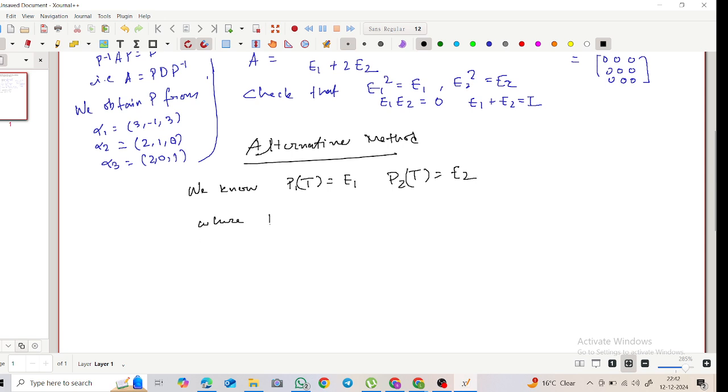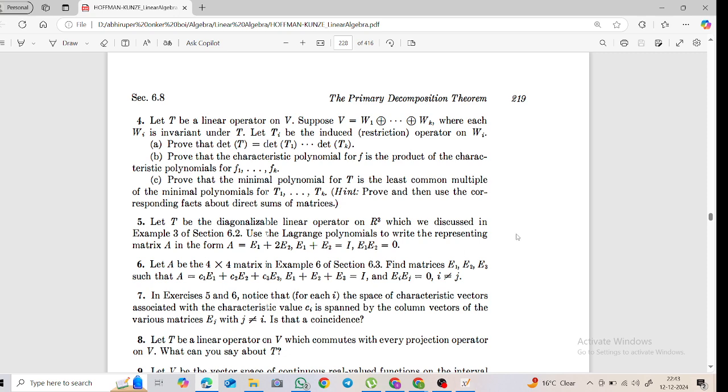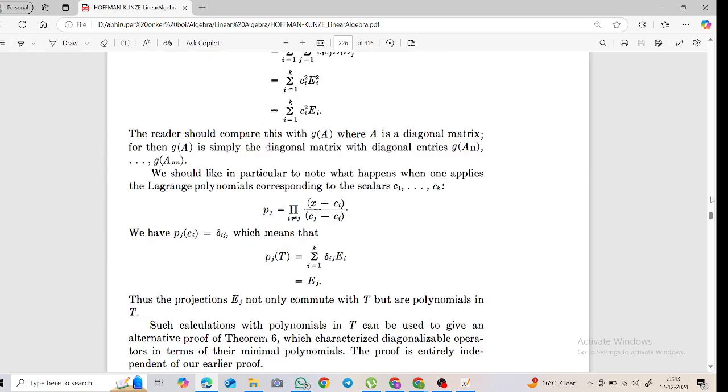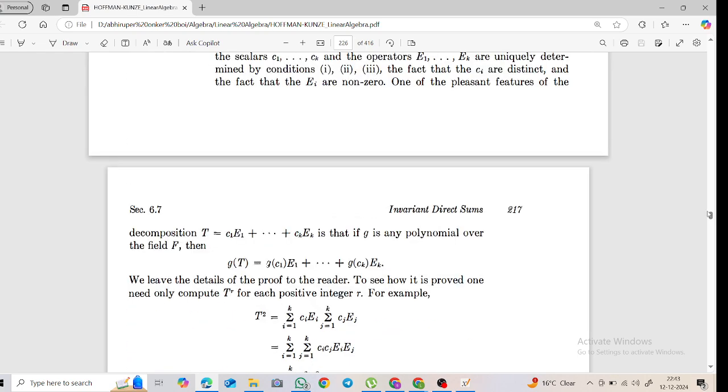What is P1? P1 is x minus 2 by 1 minus 2, right? And P2 is x minus 1 by 2 minus 1, right, Shubrita? Okay, so you can compute just this. It follows from page 217.